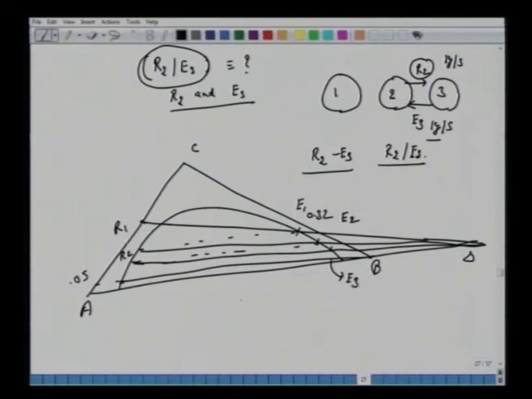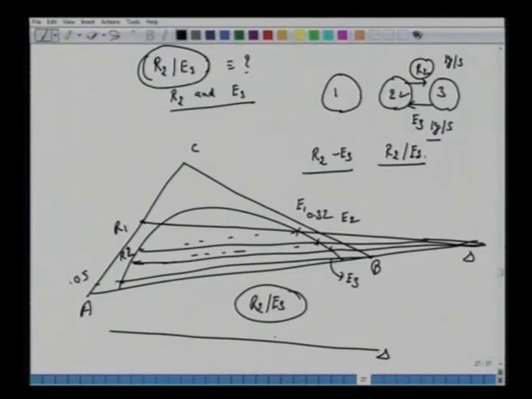So what is R2 over E3? What is the amount of raffinate leaving the stage 2 and what is the amount of extract arriving here? So what is R2 over E3? So we have a straight line like this. Del, somewhere here we have this E3 and somewhere here we have this R2.